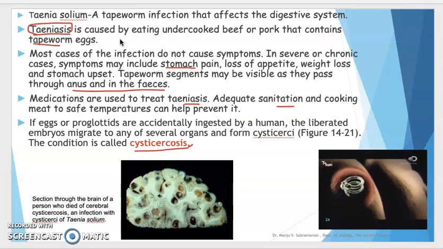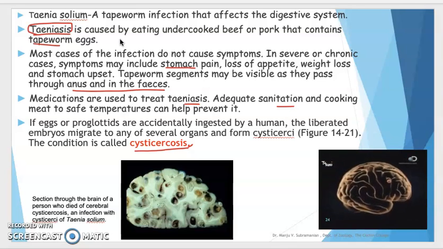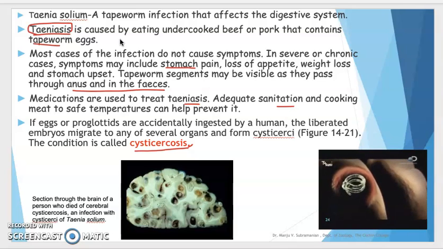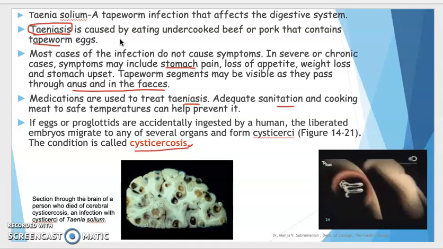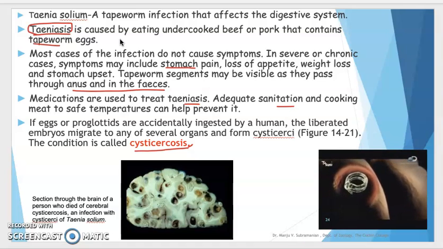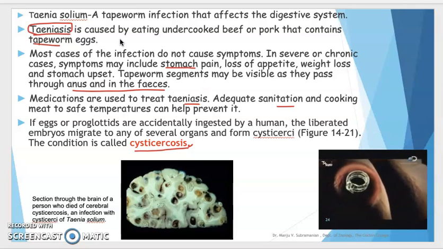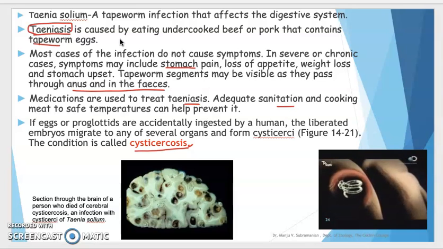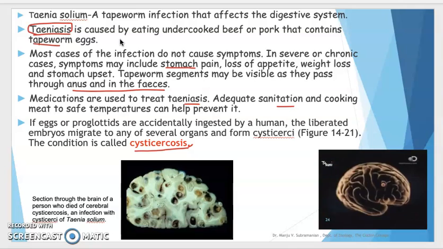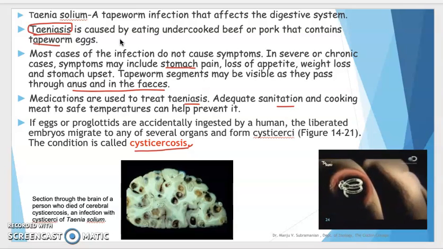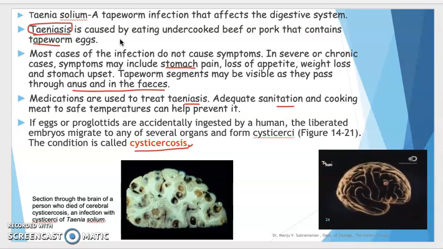Hope you remember when we discussed Platyhelminthes structure, we discussed that there are no specialized locomotory organs for Platyhelminthes or this Taenia solium. We can't see any locomotory organs. Since they are endoparasites, they need not require any locomotory organ.